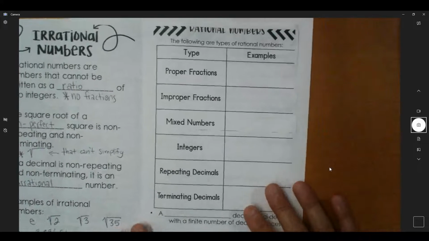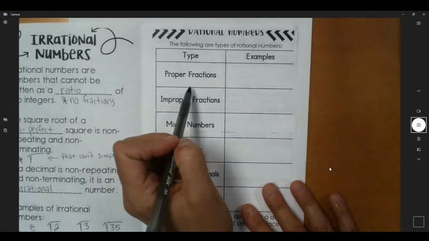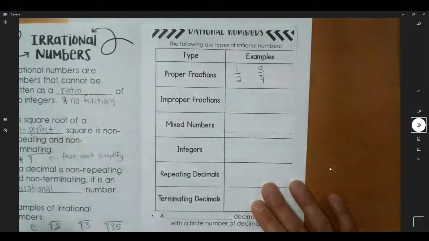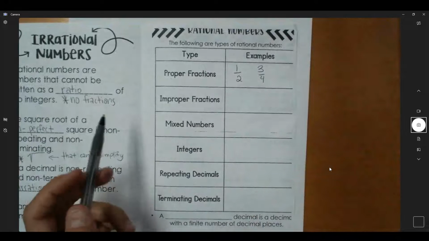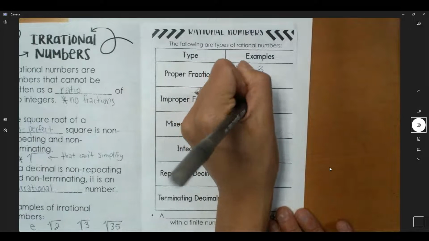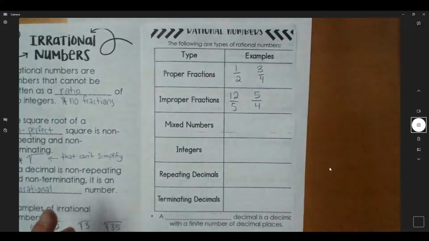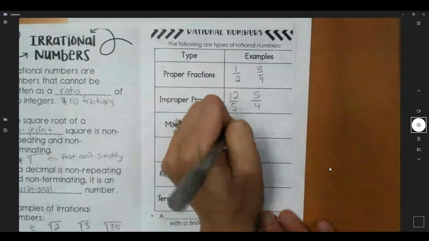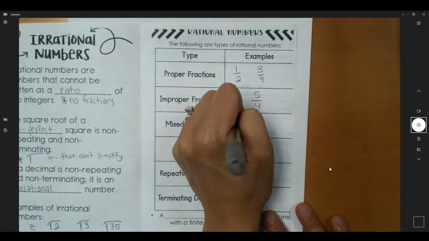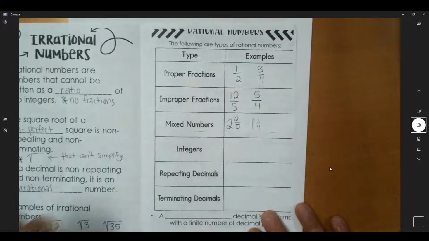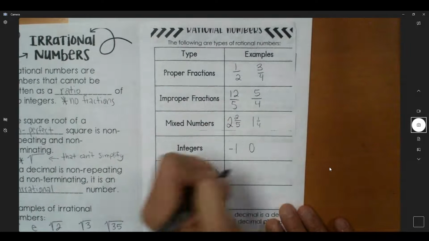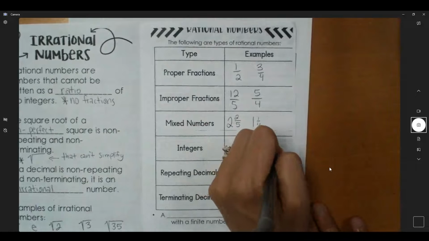You guys know these already, so just real quick, proper fractions, something like 1/2 or 3/4. Improper fraction is where the number's bigger on the top, so 12/5, 5/4, anything like that. Mixed number, that's when you have a whole number in the front. Integers, so we can have a negative number, we can have 0, we can have a positive number.